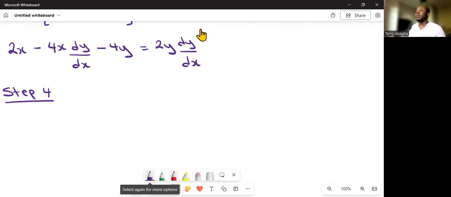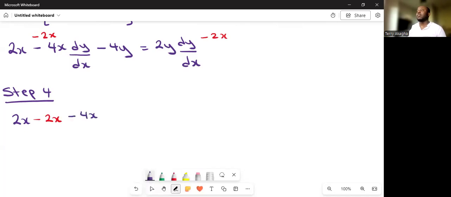First, I'm going to subtract 2x from both sides so that I can get rid of the 2x on the left-hand side. So we're going to have minus 2x.